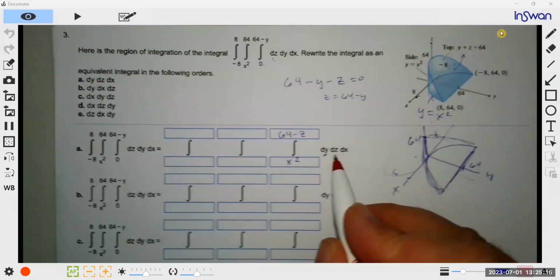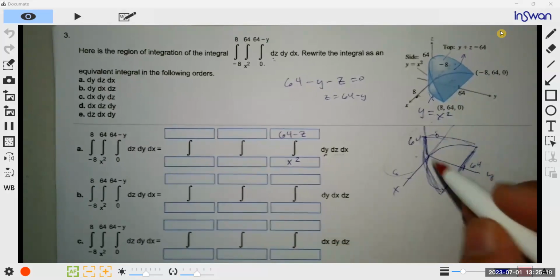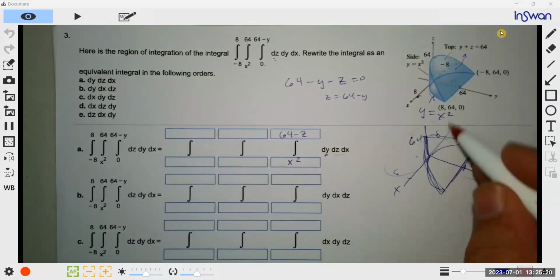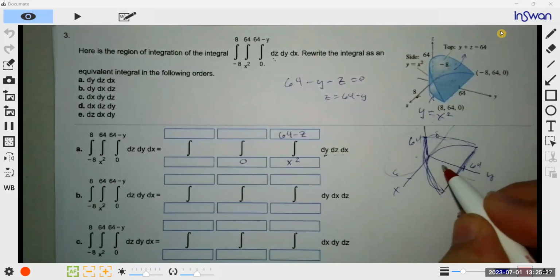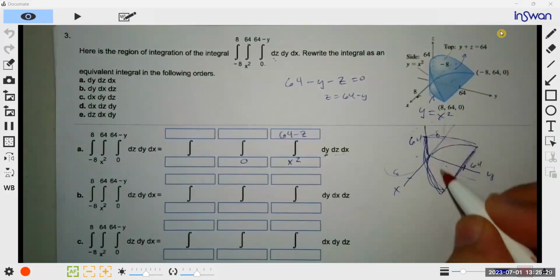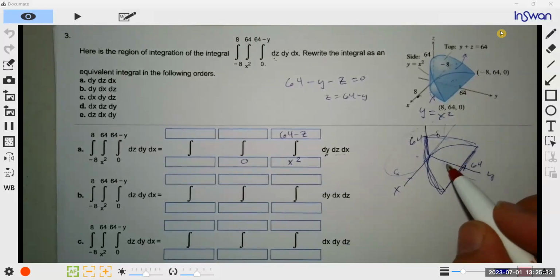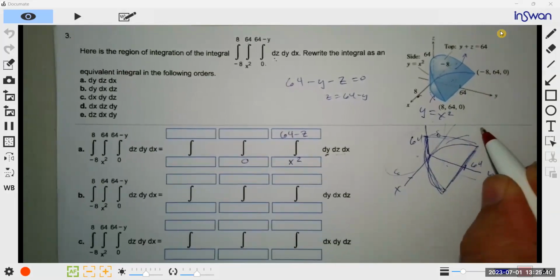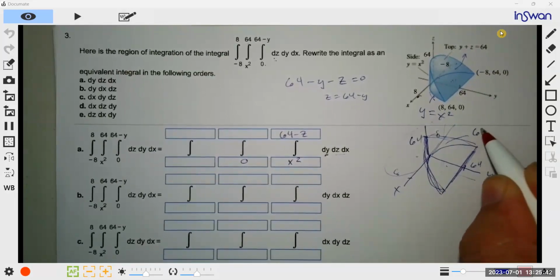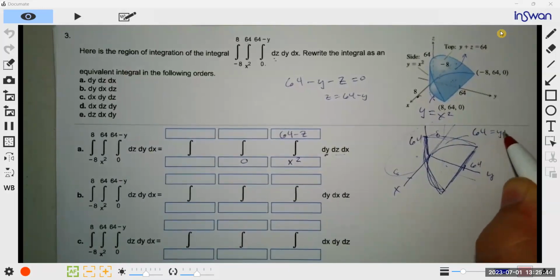The next one is dz. It's got to be parallel to the z-axis. So it starts here on 0 and it goes up. Okay, so now for the surface curve, we know that it equals 64 equals y plus z.